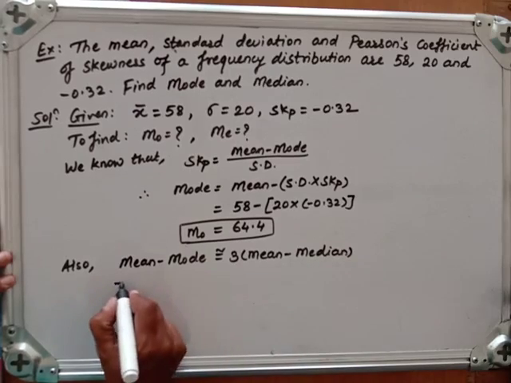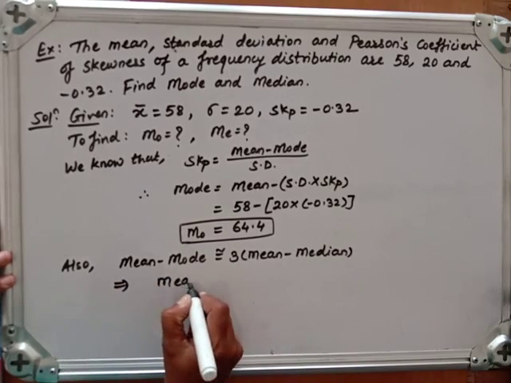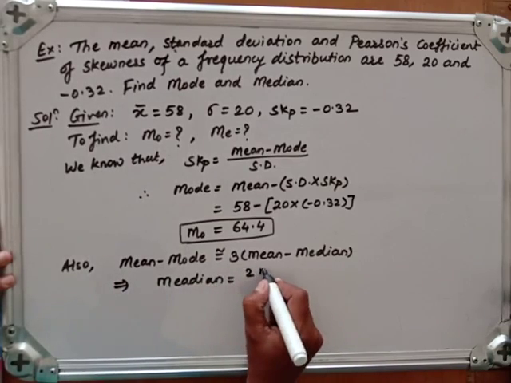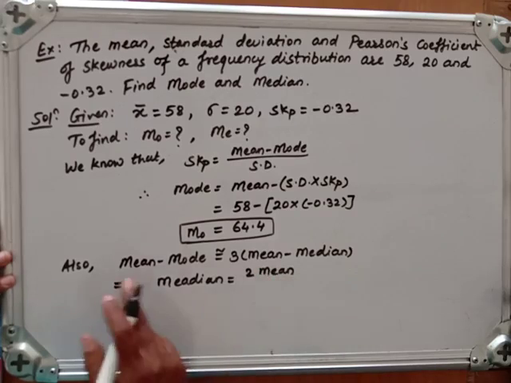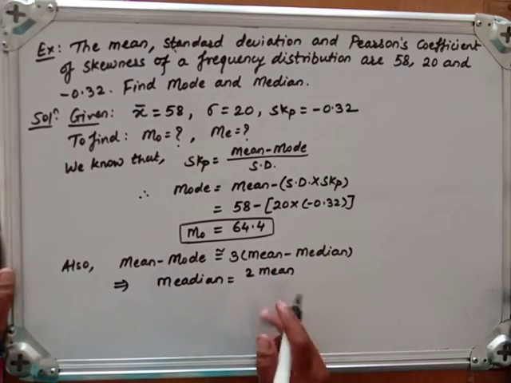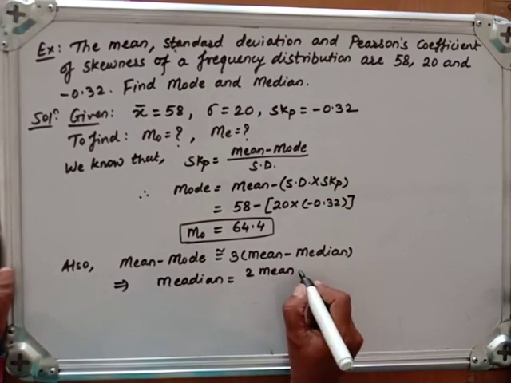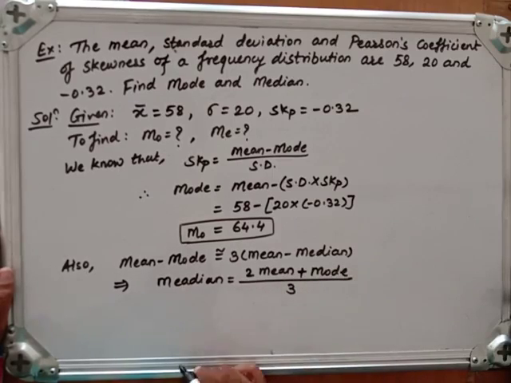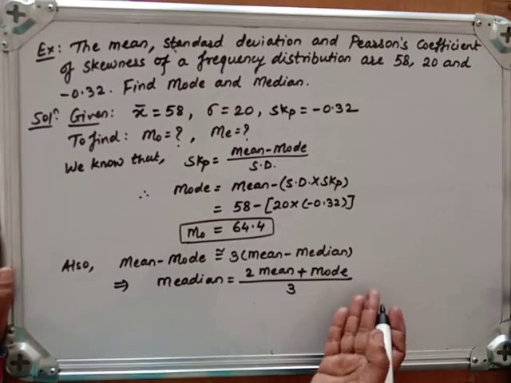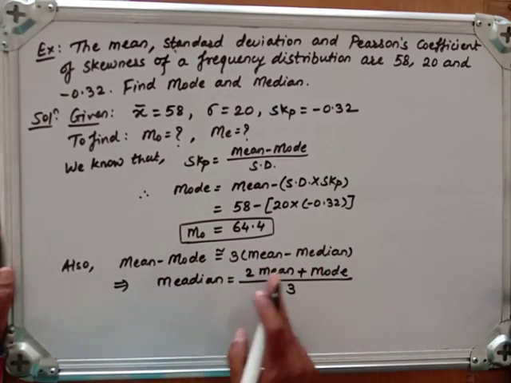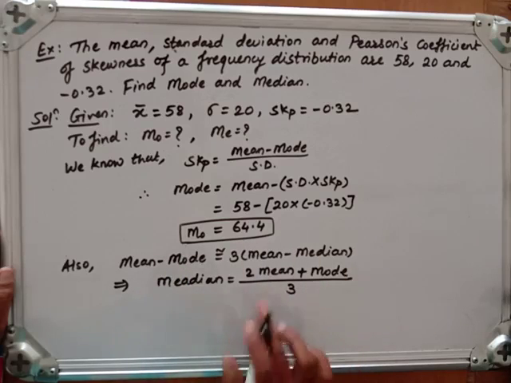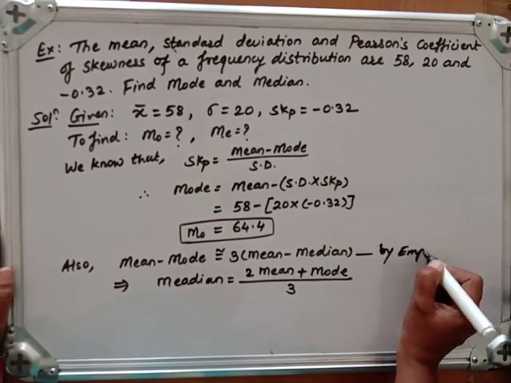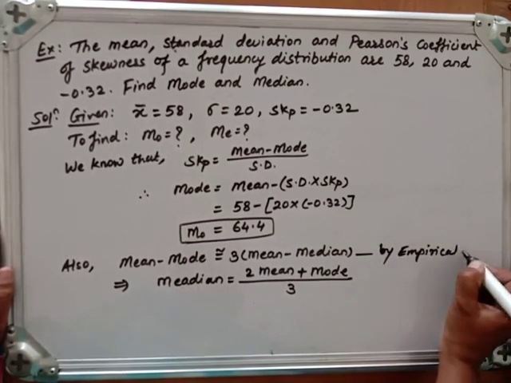From that we can easily get that median is equal to 2 times mean plus mode upon 3. Median we shift to one side, mean and mode to the other side. So 3 times mean minus this mean leaves 2 times mean, and mode becomes positive. As such we get the result by empirical relation.